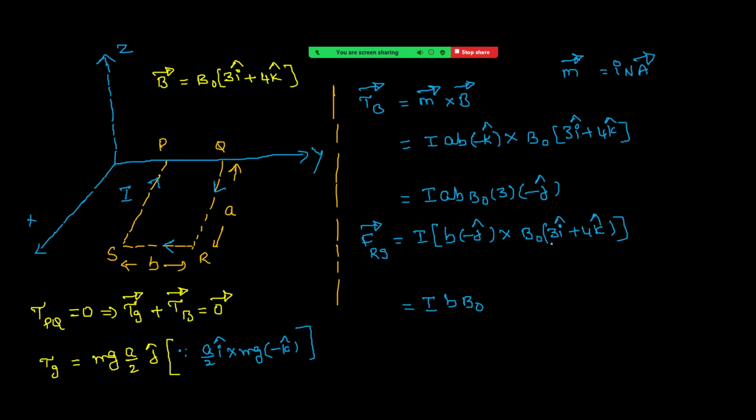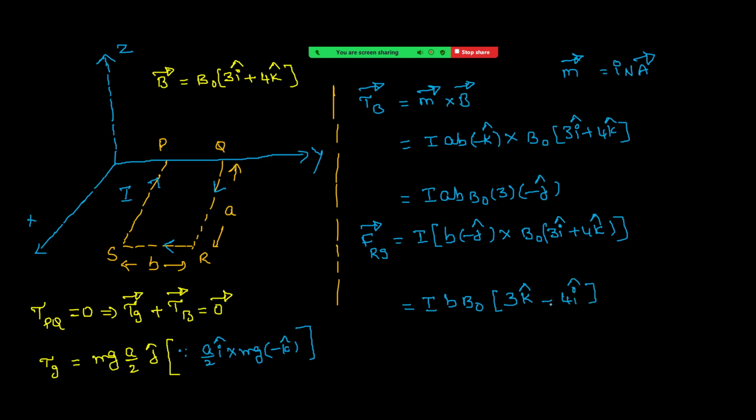Then see what we get here: I, b, B naught we have taken outside. Remaining is 3 minus J cap cross I cap. It is minus K cap, minus of minus, plus 3 K cap. And next, minus J cap cross K cap, that is I cap, so 4 I cap.